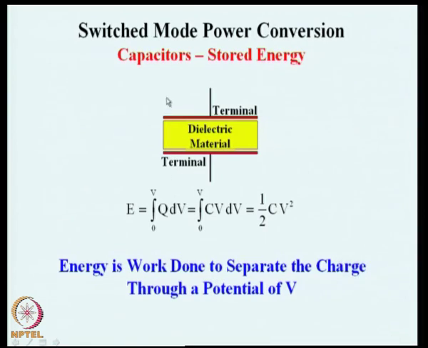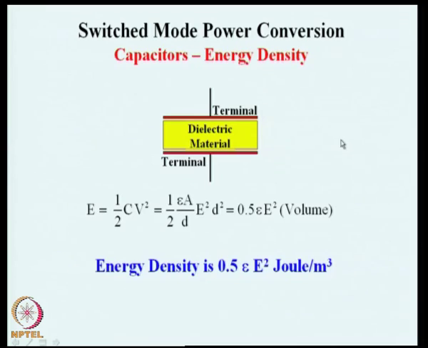We have a total charge of Q from the negative plate to the positive plate, and the voltage across the plate is V. If you take a charge from this end all the way down to the bottom plate, or a charge from the bottom plate pulled out and brought to this configuration, the work done is the energy required to move these charges through a field voltage of V. Q dV integrated over 0 to V is the total energy stored, and this Q itself is C into V, which gives rise to the famous relationship that the energy stored in a capacitor is half CV square.